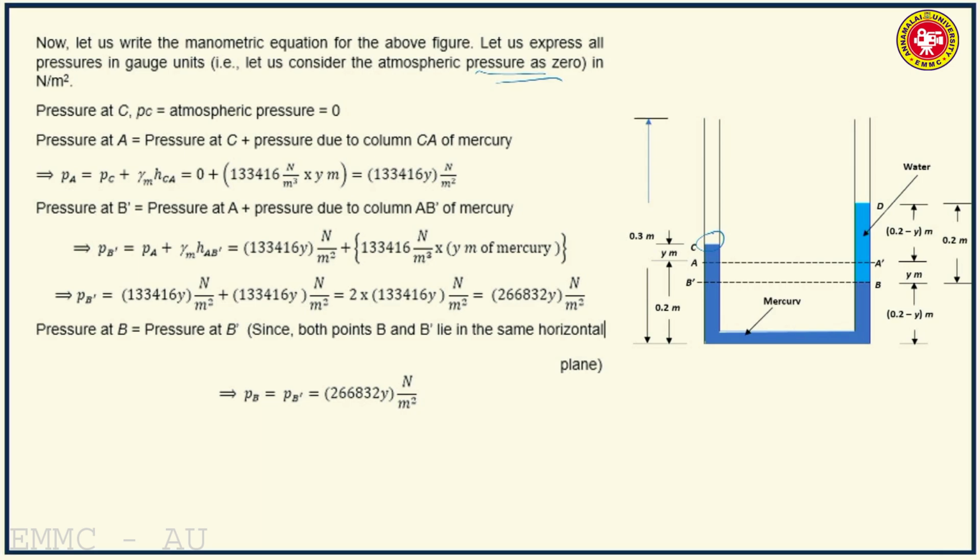So that will be 266,832 y Newton per meter square. So pressure at B will be equal to pressure at B prime because both B and B prime lie in the same horizontal plane. So PB is equal to PB prime, that is 266,832 y Newton per meter square.